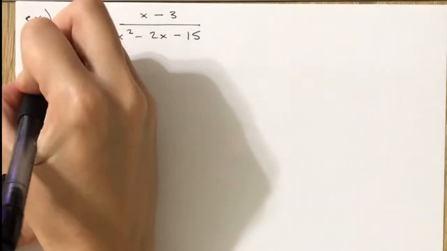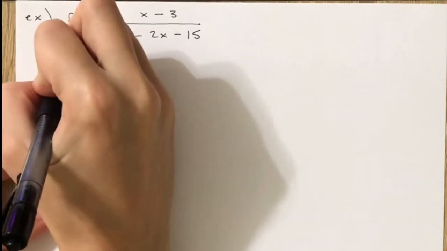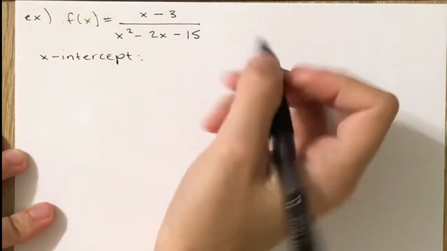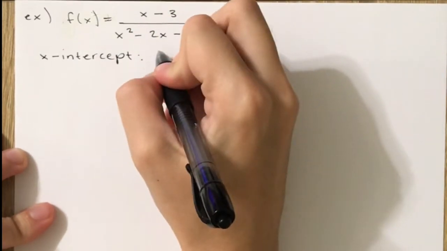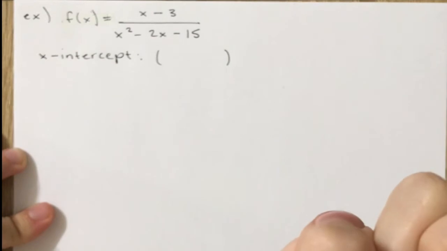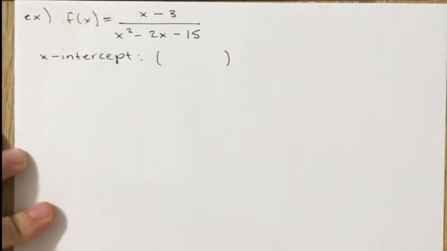So remember, an x-intercept is going to look like what? What is the form of an x-intercept? Let's say we want it in coordinate point form. Well, remember, it's where we intersect the x-axis.